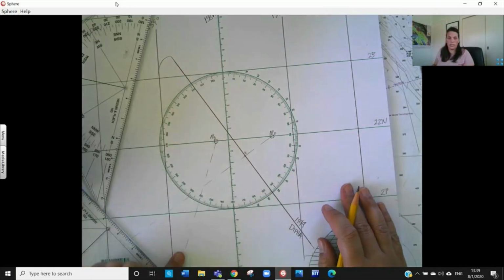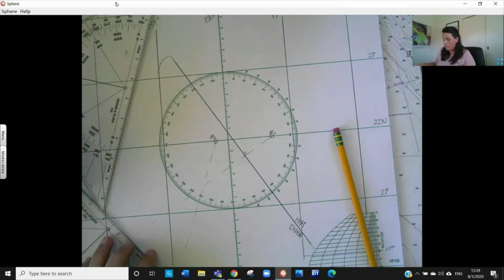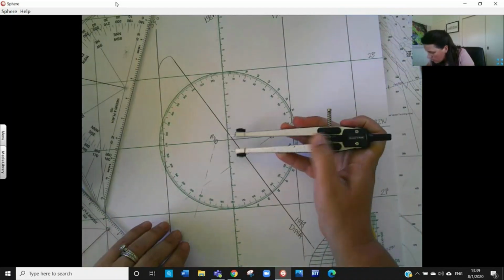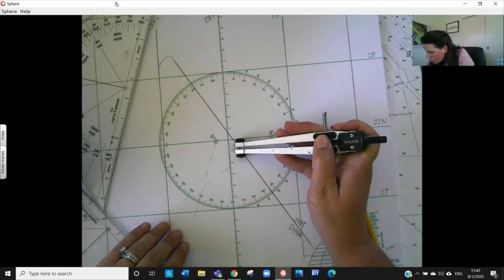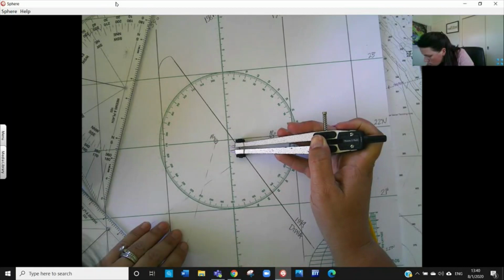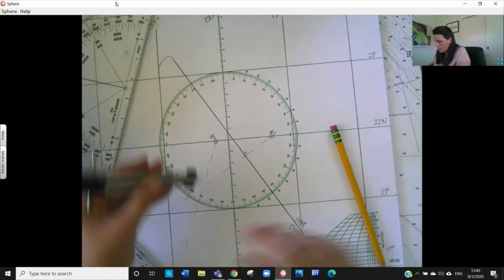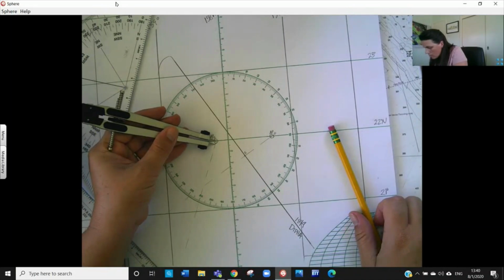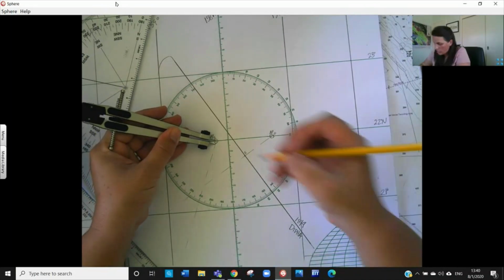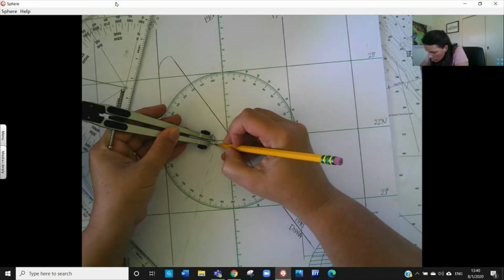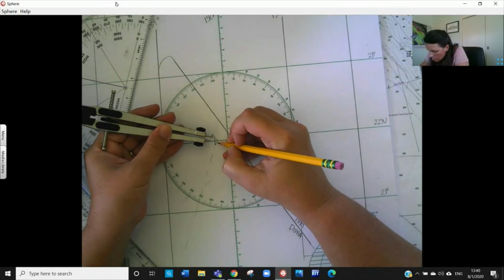So here's my line, and my intercept was 3.4, very small. So let's find 3.4. 3.4 from my assumed position. So here, this can be my little intercept.